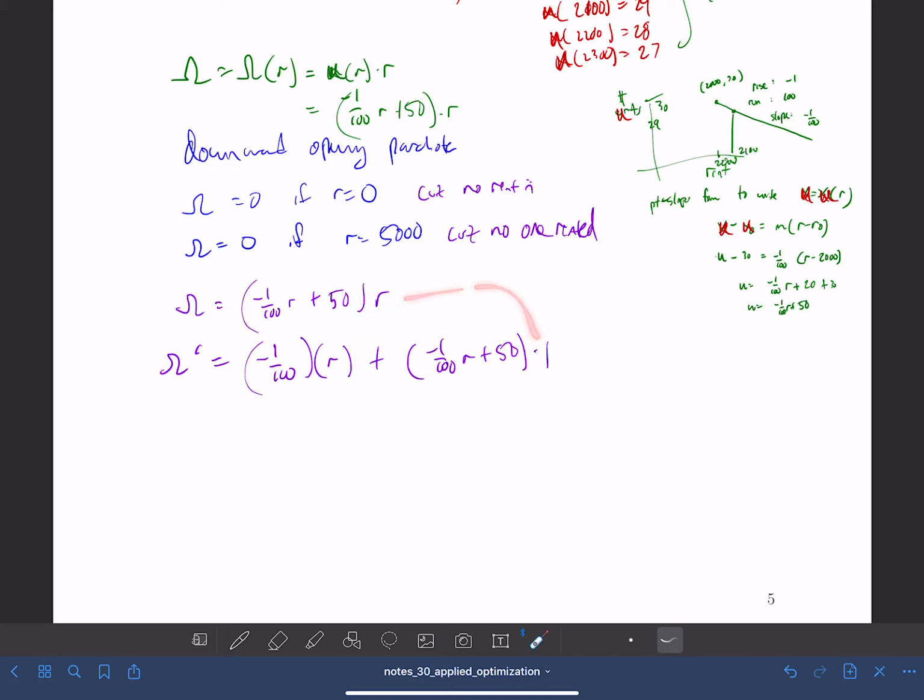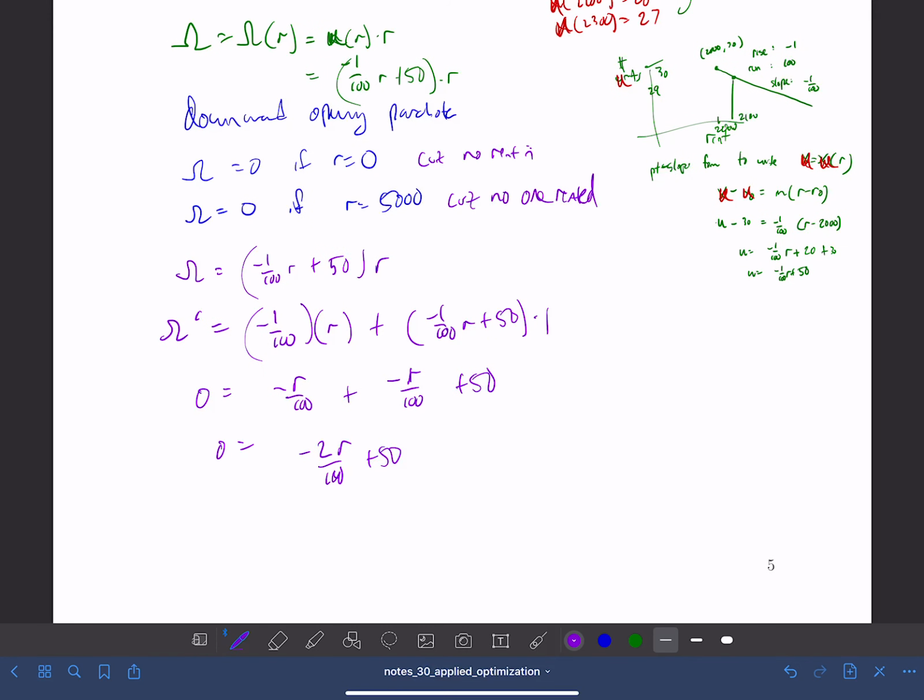I want to find the roots of this thing. 0 equals minus r over 100 plus minus 1 over 100, ooh, that's an r, plus 50. 0 equals minus 2r over 100 plus 50.